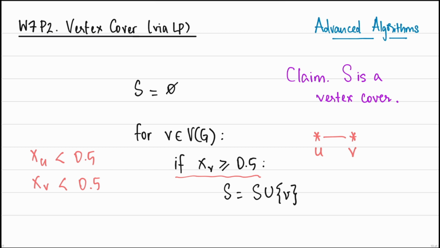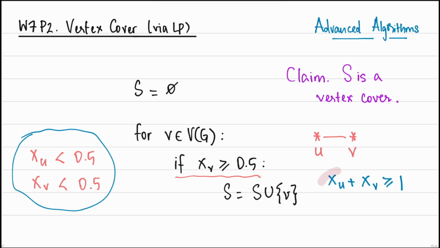But remember that UV is an edge, which means that our LP must have had a constraint that looked like this: XU plus XV is at least 1. And now if you have both XU and XV taking values that are strictly less than half, then you end up violating this constraint, and that would be a contradiction, right? So as long as we are picking up all the vertices corresponding to variables whose values are at least half, we are good. We will have a vertex cover.